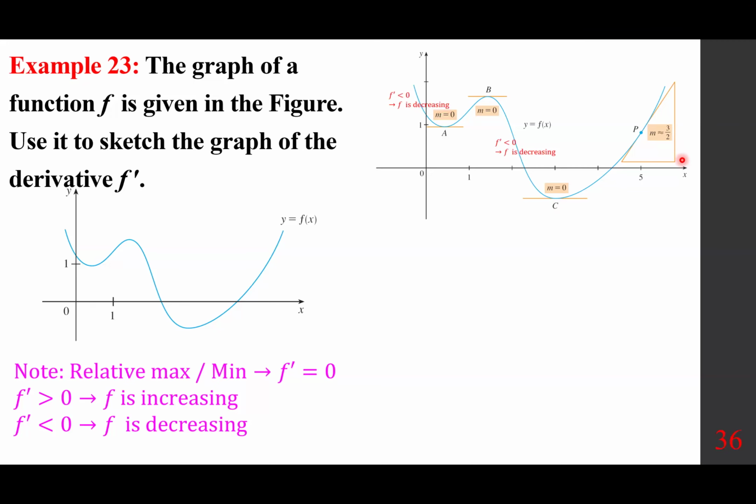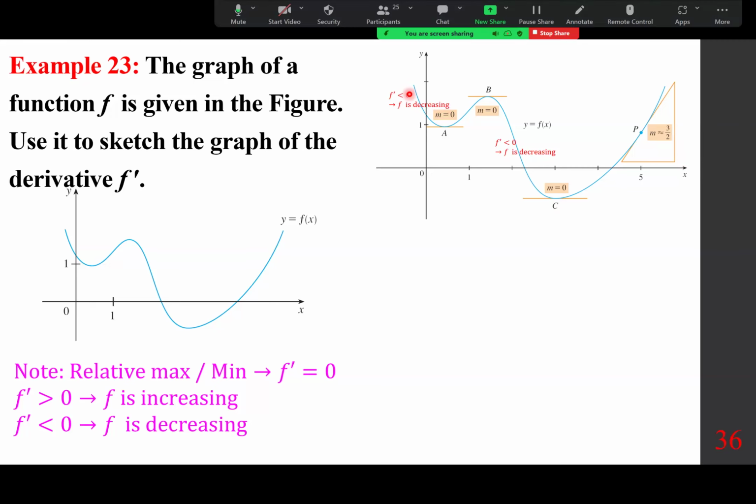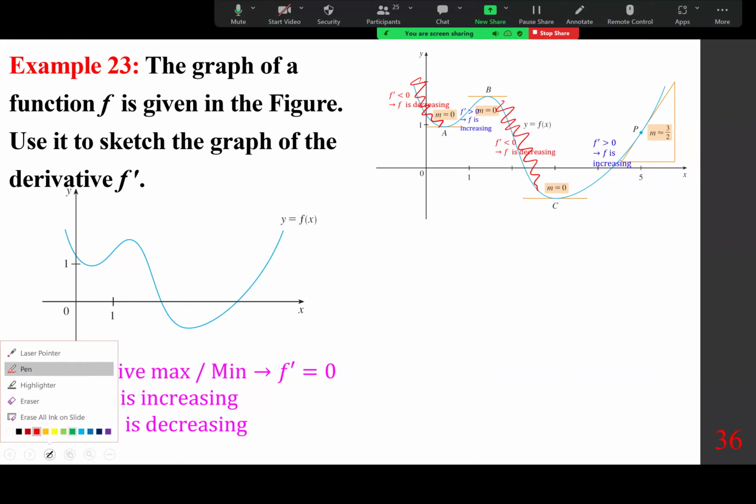So over here, the function is decreasing. F prime is negative. Over here, this part, the function is increasing. F prime is positive, okay?